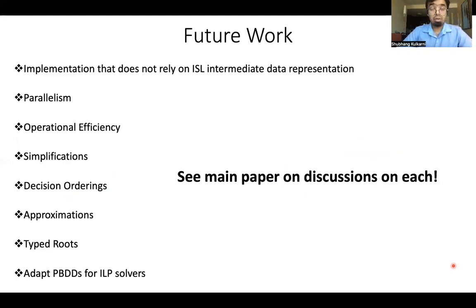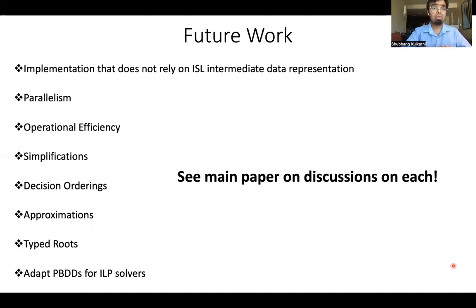And yeah, our PBDD representation leads to lots of directions for future work. In particular, we would like to implement a data structure that does not rely on ISL's intermediate data representation. Algorithmically, we would want to increase parallelism or operational efficiency.